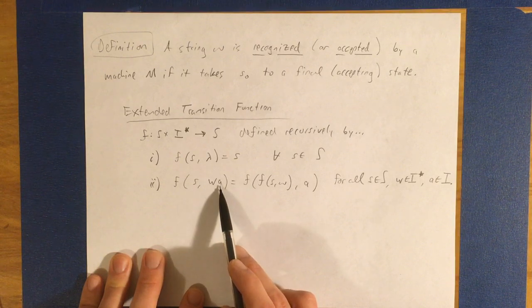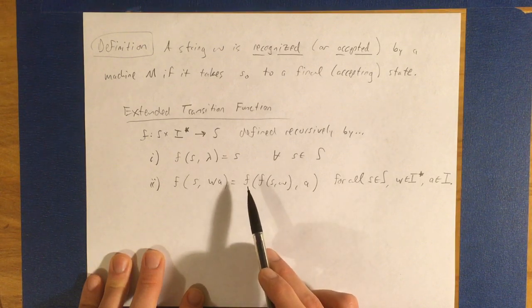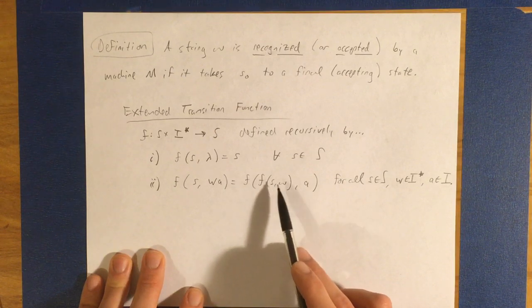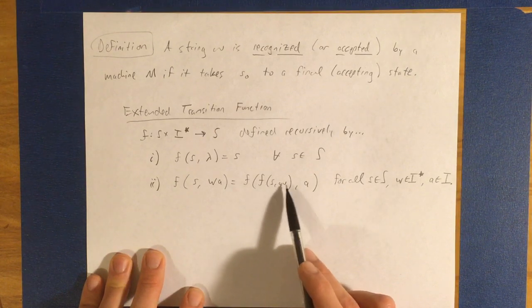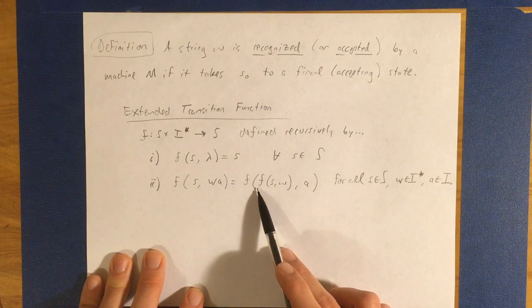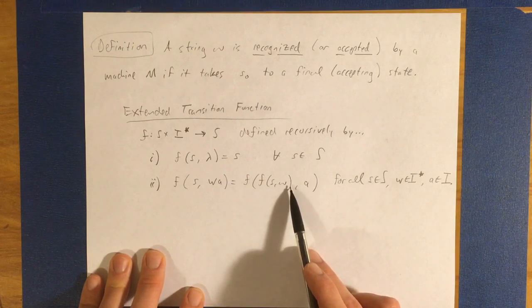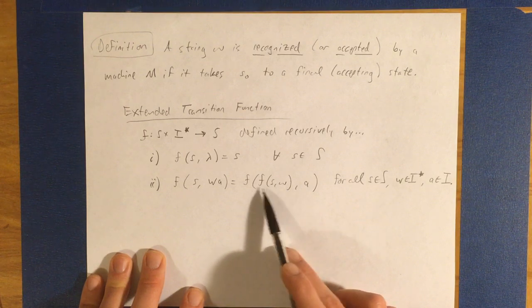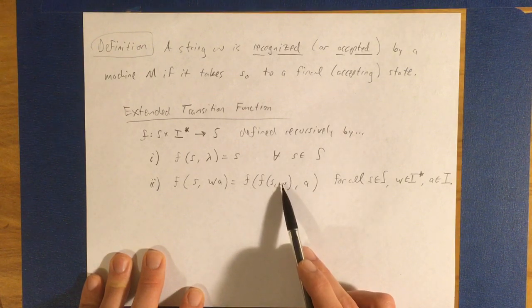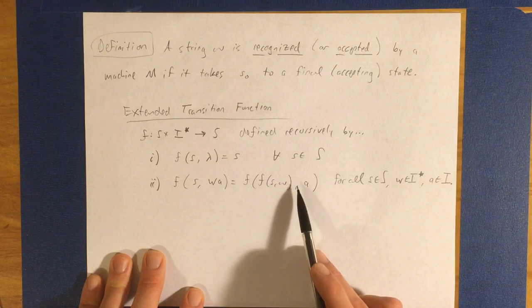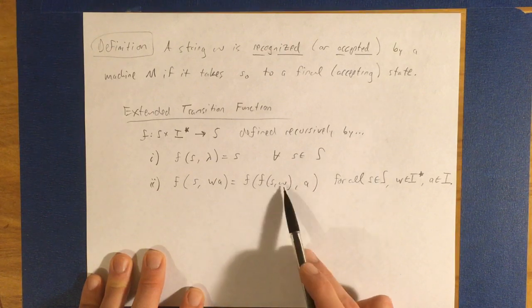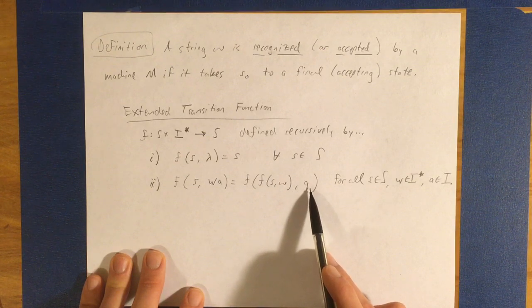We're going to define this to be the result of the transition function that you get by taking f of S W, so that's take the word and get to whatever state that arrives at after the sequence of characters in W, and then take that ending state and use that as the input for the next step, which is f of that state and then input A.